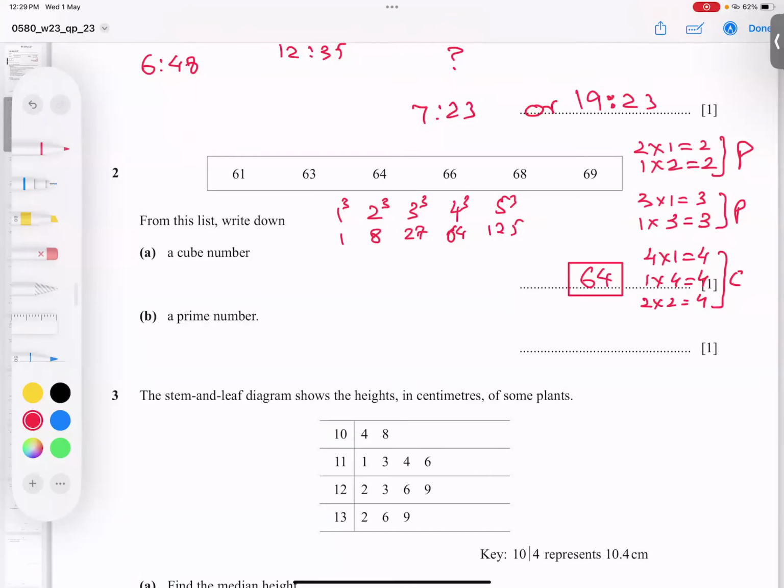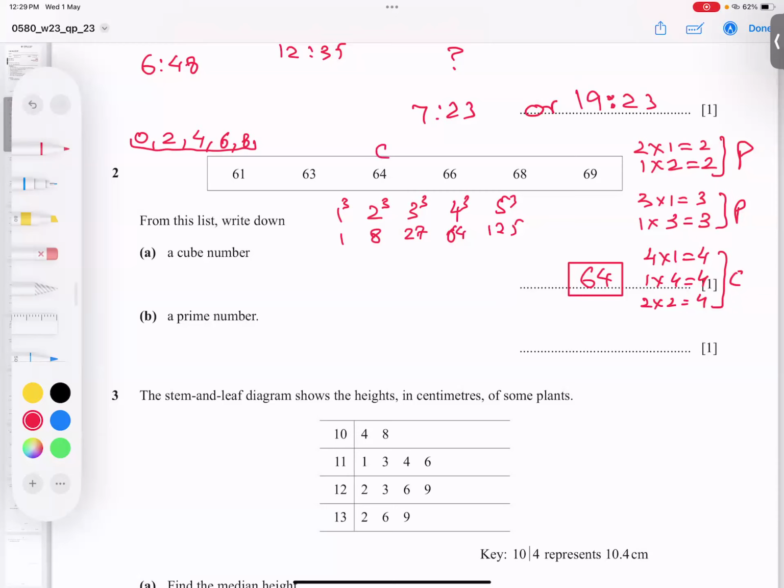So the second, the cube number, is done. Now the prime number. Let's see how we can go for composite numbers and prime numbers. All numbers ending with 0, 2, 4, 6 and 8 cannot be prime numbers. So this is not a prime number.